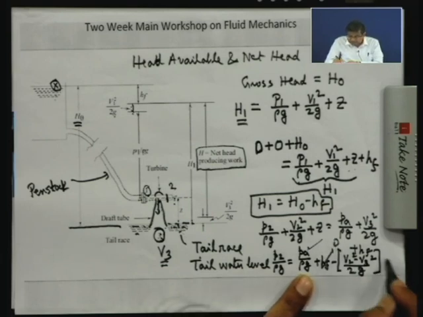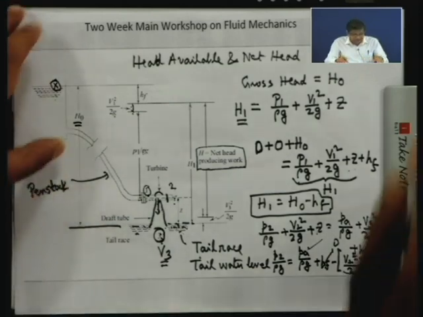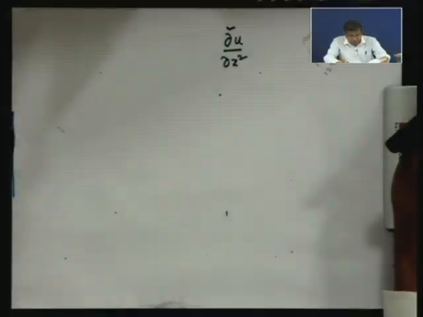This Z is a positive quantity taken to this side, so it is minus Z. Also V2 is higher than V3, so the pressure is reduced by this amount. Again, I will write this; the space was less, so you can see it with the figure.